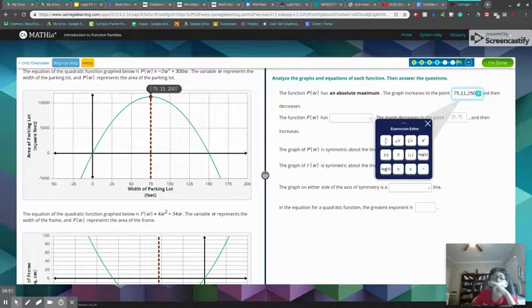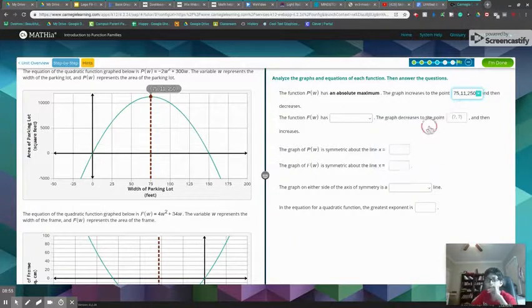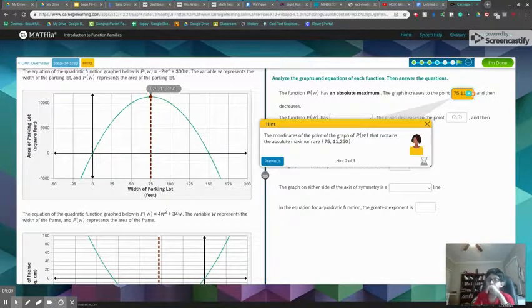What do they mean by putting... Wait, what? I'm so confused right now. The coordinates are at the point... The absolute maximum, yeah, that.